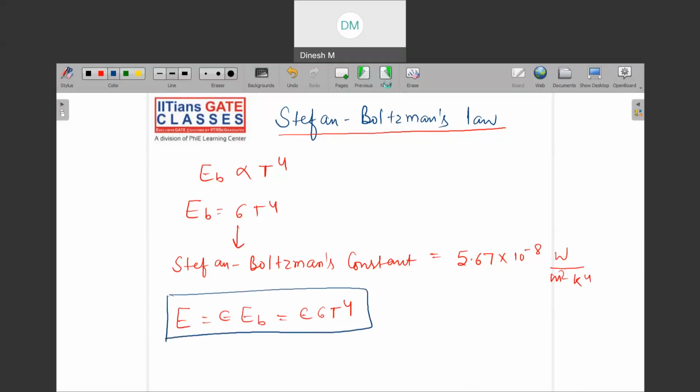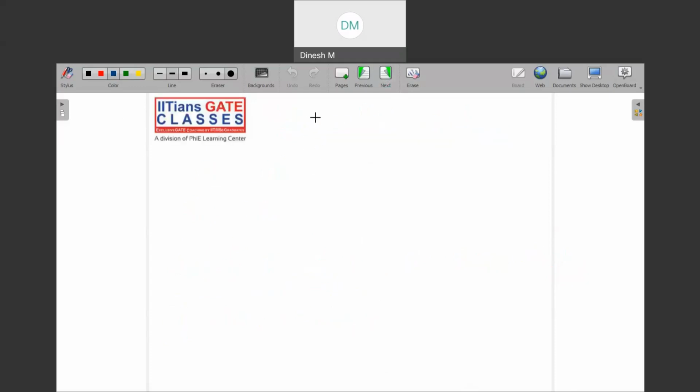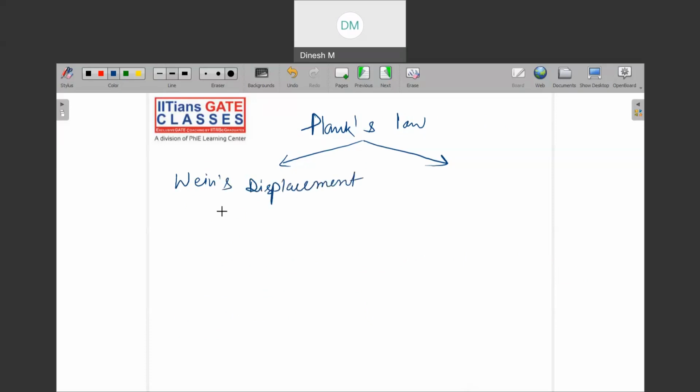So what I can say now is that my Planck's law has given us two things. One is Wien's displacement law, and another is Stefan-Boltzmann's law.